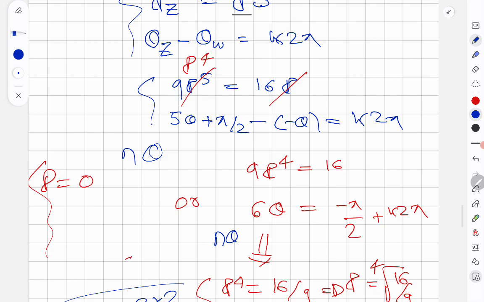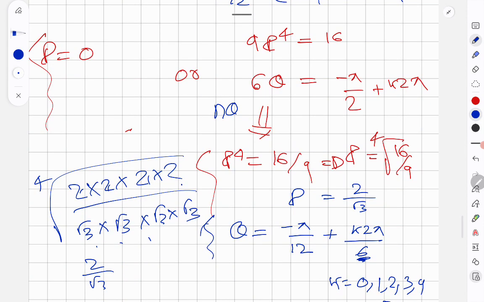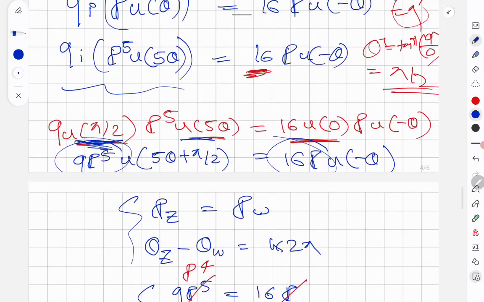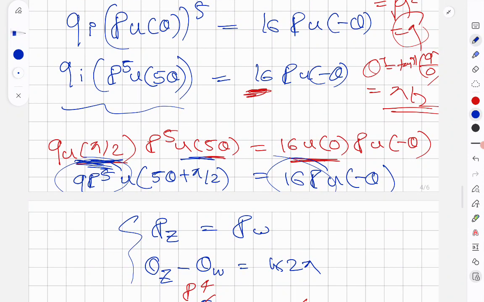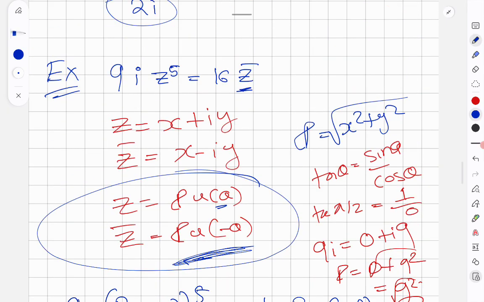We are not applying exactly De Moivre's theorem over here because we are just equating and solving. The last question we solved was the direct application of De Moivre's theorem because it was exactly in that form. Here we are just finding the solution of this equation.